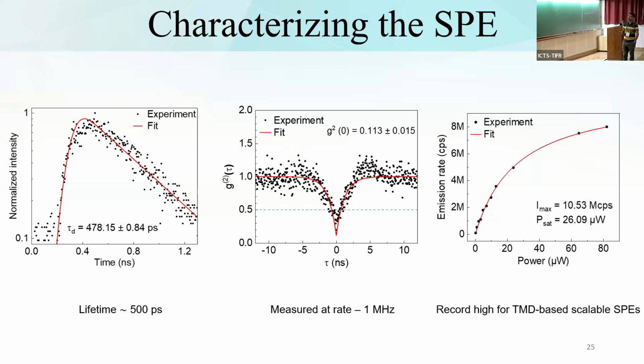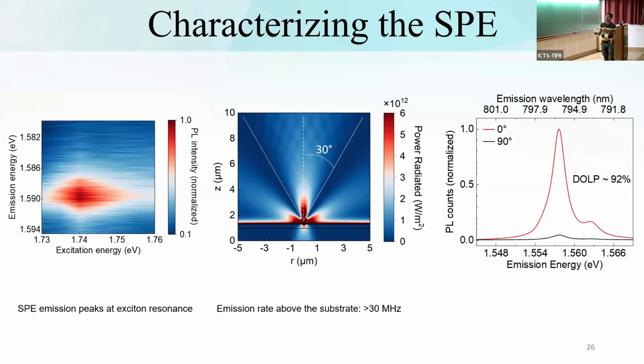The maximum saturation count that we could achieve is about 10 mega counts per second, like 10 megahertz. So we are actually collecting 10 megahertz, and this is the collected rate. A dipole emits in multiple directions, which I'll show you here. This is the simulated emission pattern.